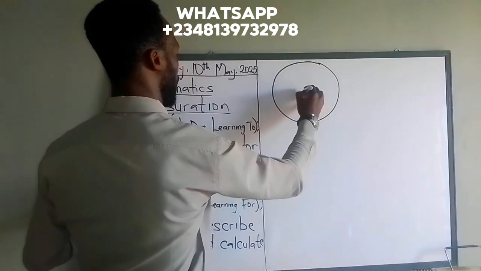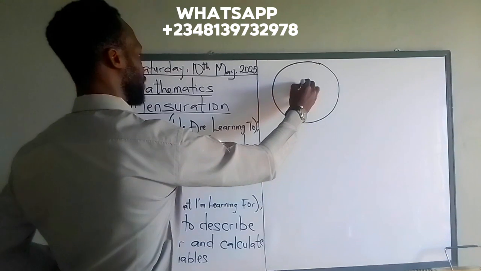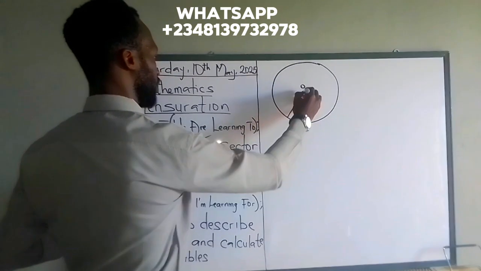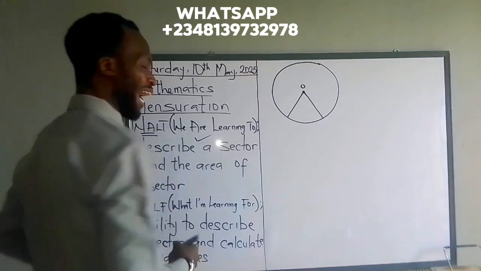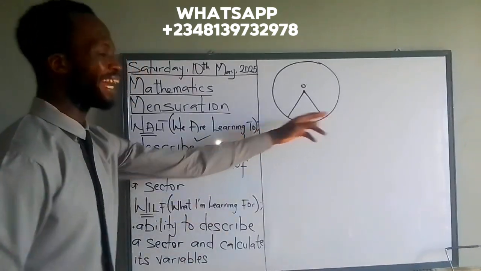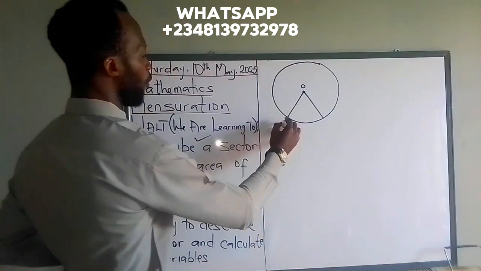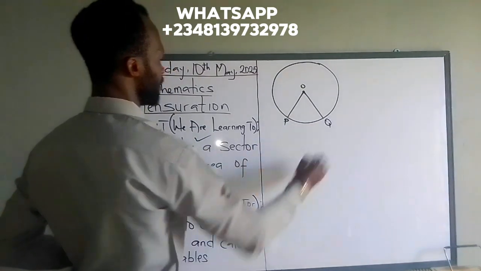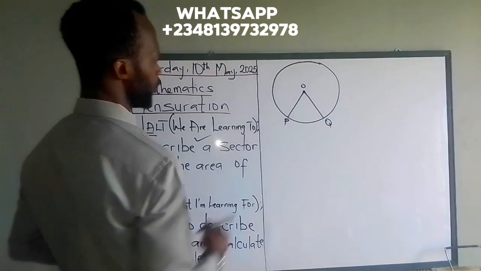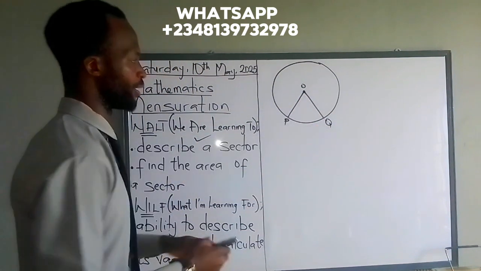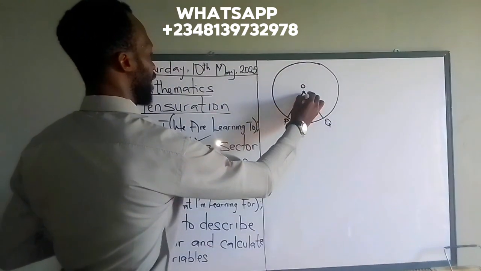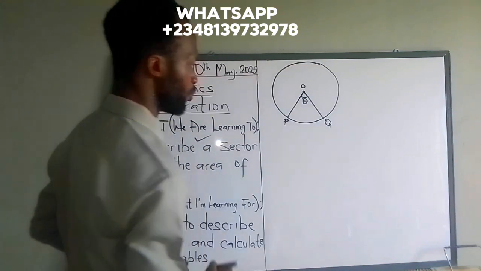So here we have a circle with the center of the circle as O. The radius is the line drawn from the center of the circle to any point on the circumference. With center O, let the arc be PQ. So we have radius OP and radius OQ. Another thing is the angle subtended at the center of the circle, which is theta.